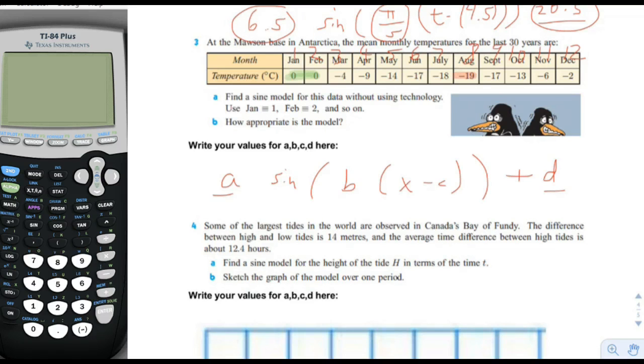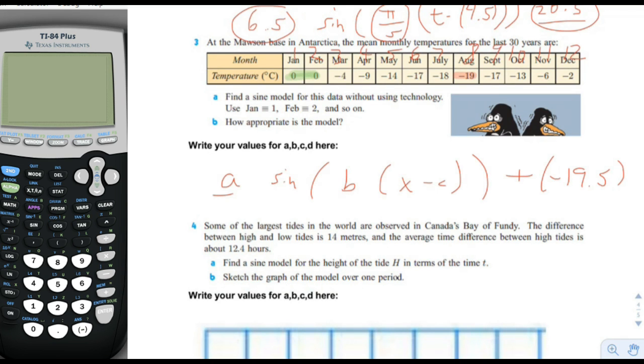To find d, we find the average between the maximum and the min, because that's the value of the principal axis. So that would be 0 plus negative 19 is negative 19, divided by 2, which would make the average negative 9.5. So plus d would actually be plus negative 9.5.